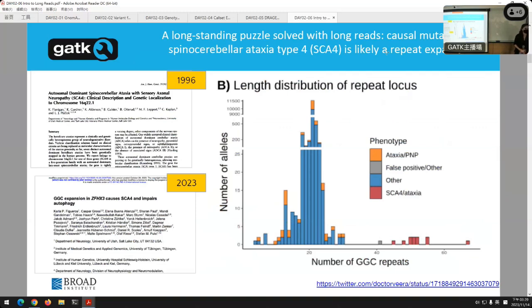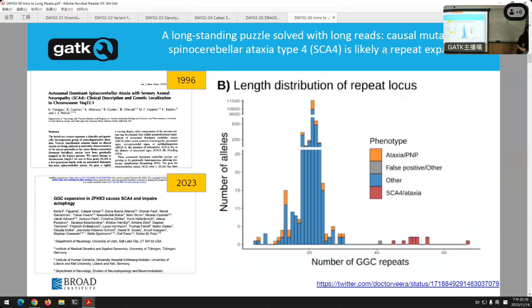of that GGC unit. So you can imagine that with short reads, that all looks the same, because a short read is about 150 bases and would not even span the full length of that short tandem repeat. But with long reads, the reads are long enough to span the entire repeat, even when it's expanded in cases of disease, and be anchored to a unique sequence on either side of the repeat.